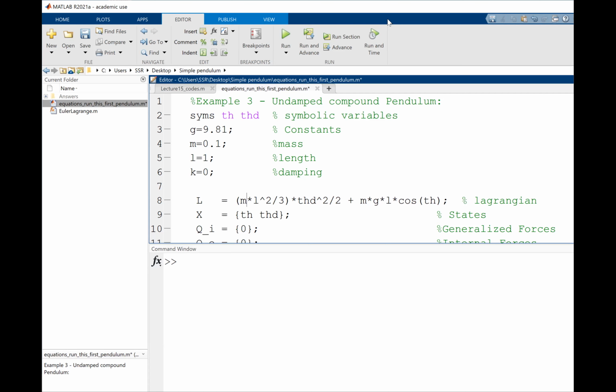I changed the moment of inertia to ml square by 3, times theta dot square. Remember there is a 1/2, and L will now be changed to L by 2. Are you with me so far?